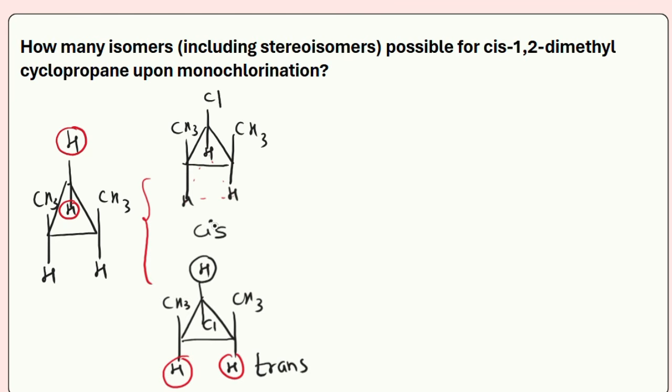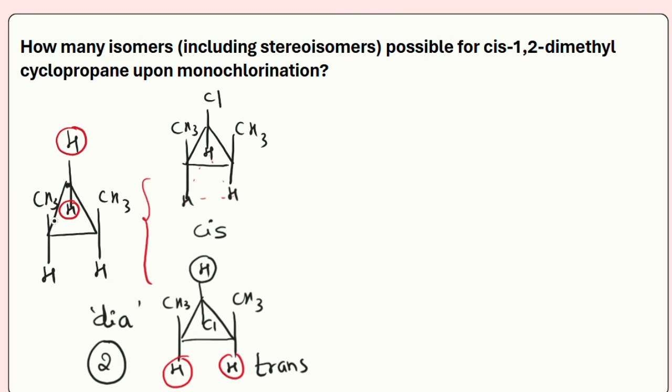Although only this part is a mirror image, the methyls in this case are both on the same plane, right? So that means they are non-superimposable, non-mirror images. That means they are diastereomers. By replacing the hydrogens from above and below the plane, we are going to get diastereomers. Two molecules are formed here.